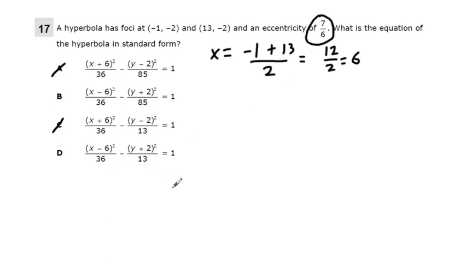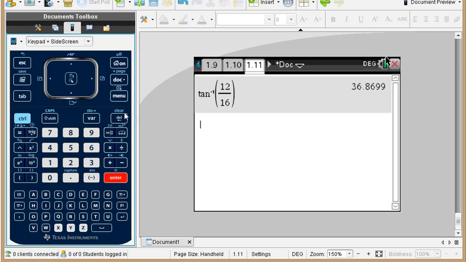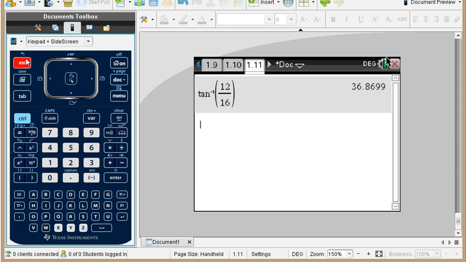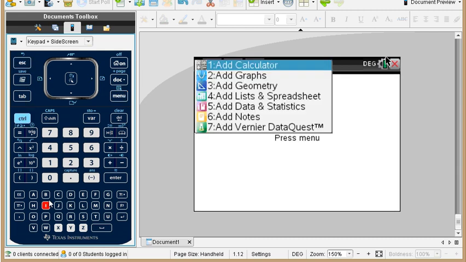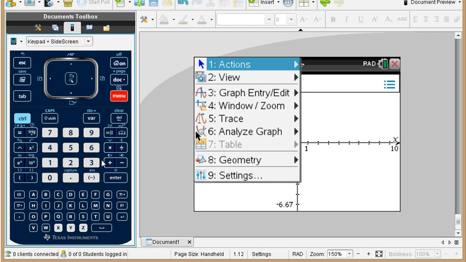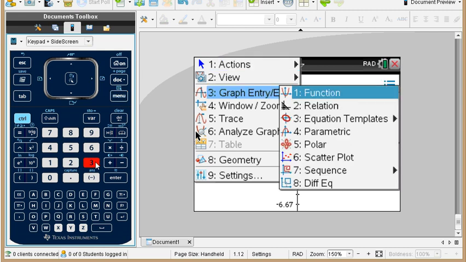But we're going to graph a hyperbola, so we go Menu, 3, 3, hyperbola is 5. And we have an east-west type of hyperbola. So let's go ahead and just put what we have in here.